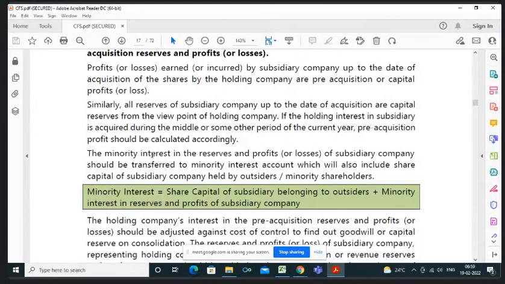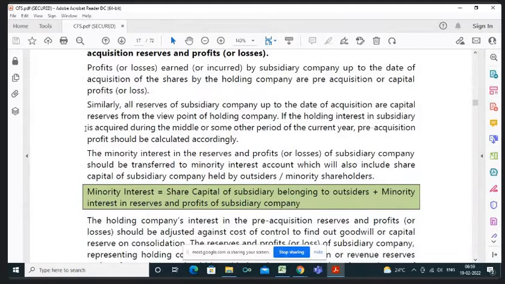Then the minority interest in the reserves and profits of the subsidiary company should be transferred to the minority interest account, which will also include share capital of the subsidiary company held by outsiders and minority shareholders. I have told you, when we are preparing the consolidated balance sheet, we have a separate item.